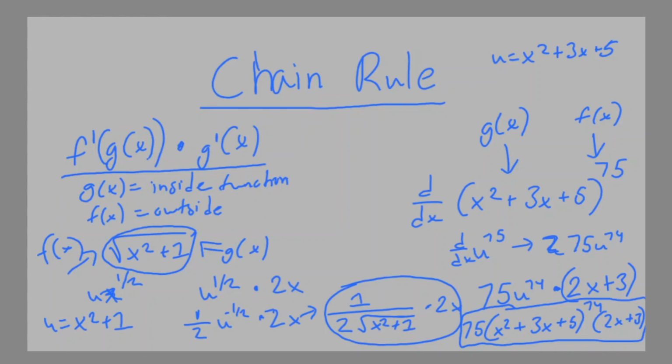But always remember the inside and outside function rule, and then how to differentiate both of them, as well as the negative exponent. And whenever you see a problem like this, don't let it scare you. The chain rule makes it so much easier to look at. Yeah, it's basically it.